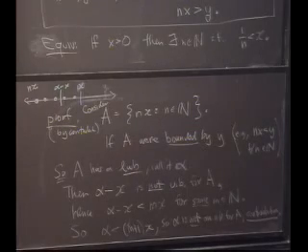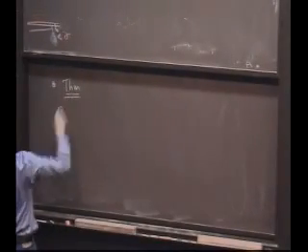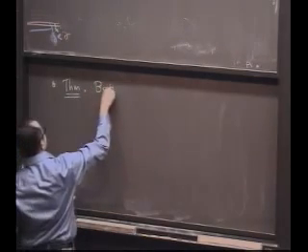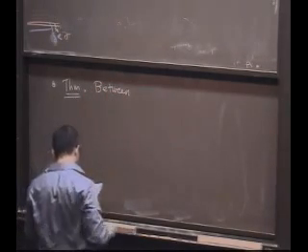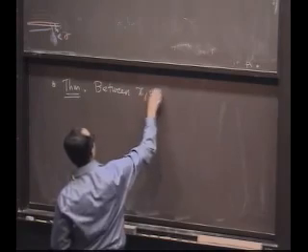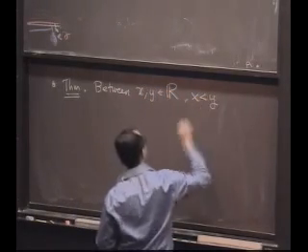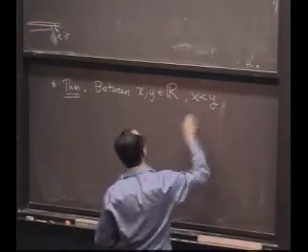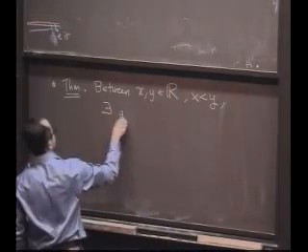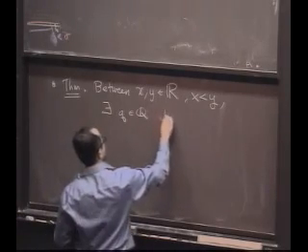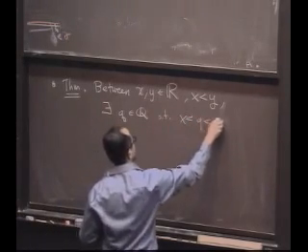This is an innocuous statement, but it actually has another consequence which is worth pointing out, and maybe a surprise to some of you. That's the following theorem. If you give me any two real numbers x and y in R, let's say x is less than y, I claim there is a rational in between them. There is a q in Q such that x is less than q is less than y.